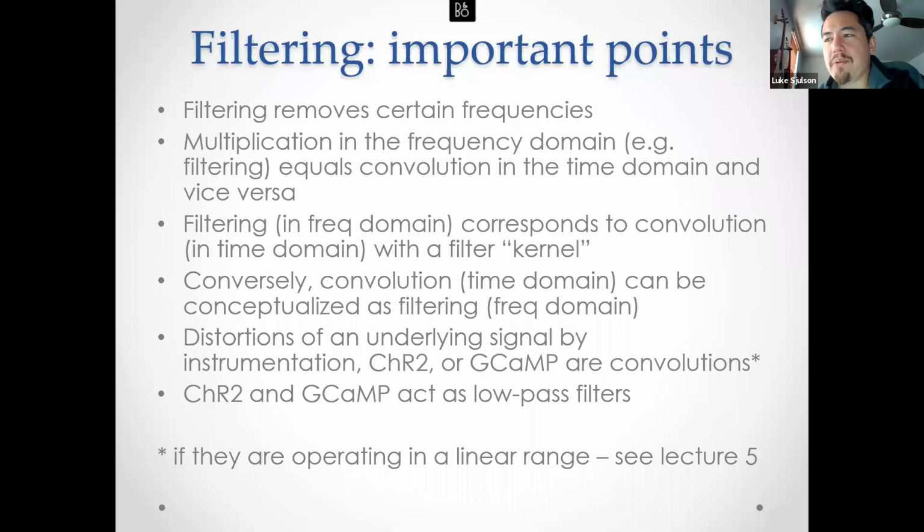So my point is that you can think of something like channelrhodopsin as being a linear system, and the input to channelrhodopsin is the photons, and the output is its conductance, right? And then if you measure with an electrode, the input to your electrode is channelrhodopsin's conductance.